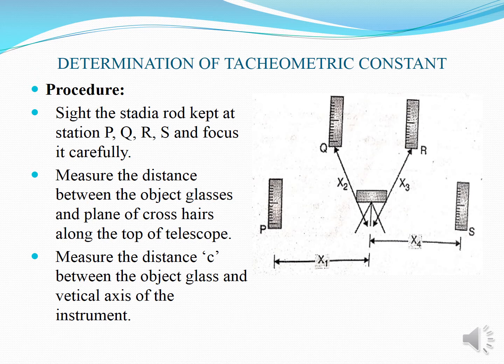First see this figure. There are 4 stations given here, P, Q, R, S. These are the stadia rod positions, which means the stadia rods are placed at points P, Q, R and S. In between is the instrument location, where the tachometer is set up. x1, x2, x3 and x4 are the horizontal distances from the center of the instrument to the positions of the stadia rods.